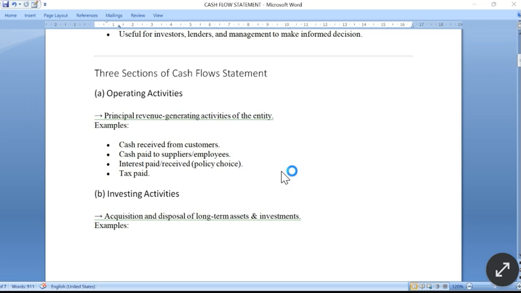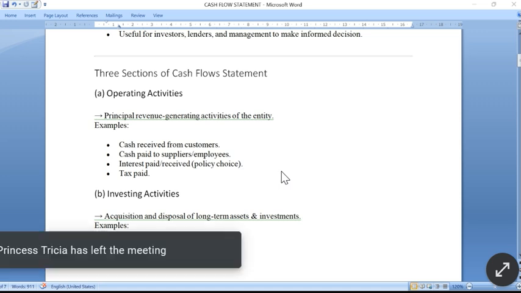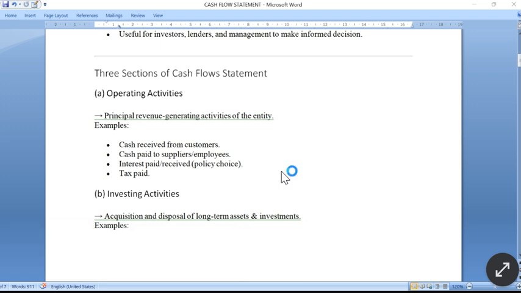And then you have the interest that you pay or the interest that you received, depending on the type of company that you are dealing with. For instance, if you are not a financial institution, you are allowed to deal with your interest paid or interest received in the operating segment.